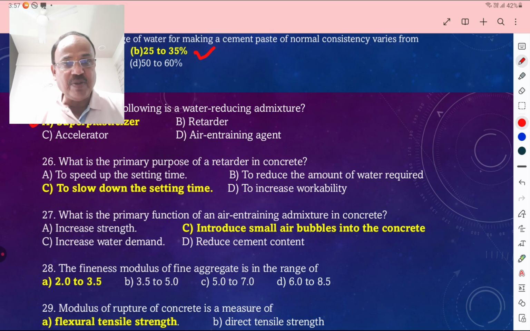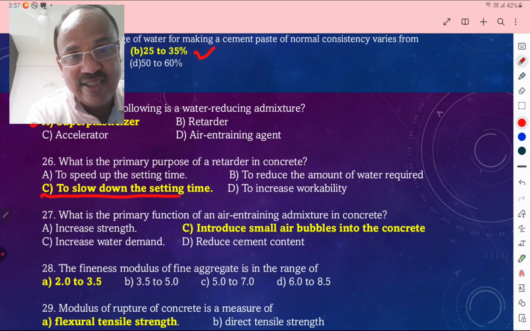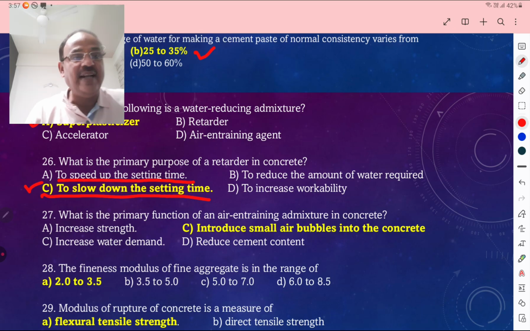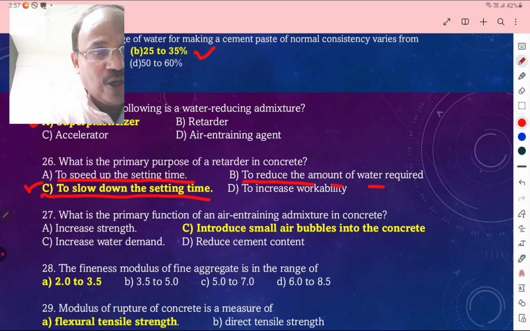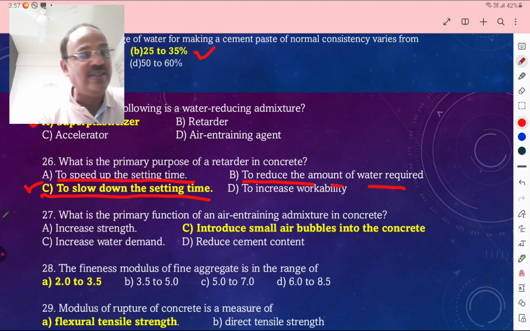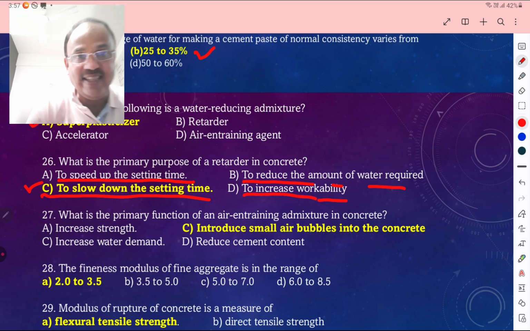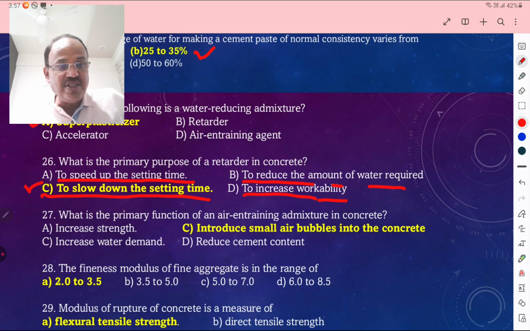What is the primary purpose of retarder in the concrete? To slow down the setting time. That is correct. An accelerator is used to speed up the setting time, water reducing admixtures to reduce the amount of water, plasticizers to increase the workability, and air entraining admixtures. What is the primary function of an air entraining admixture in the concrete?